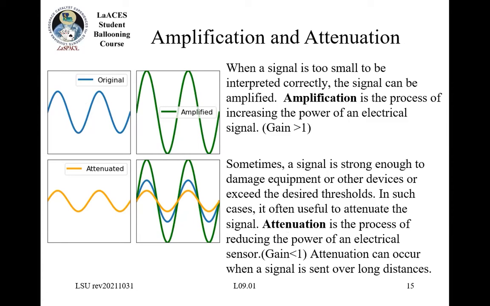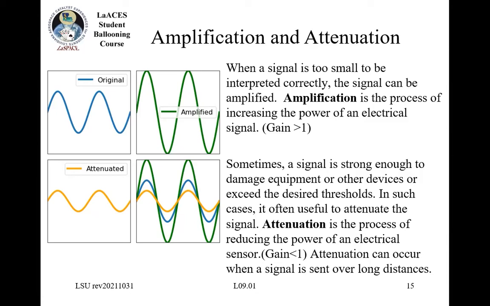And often one thing that is going to happen is signals are going to naturally attenuate as you send them over distance, right? It could be a signal in light that gets scattered because you're sending it through atmosphere.